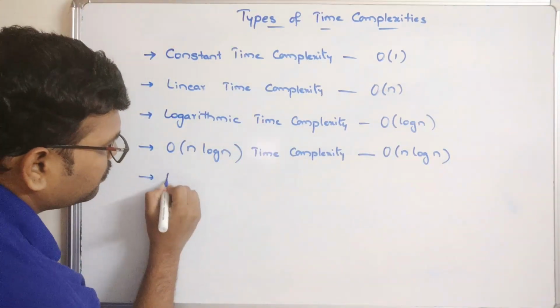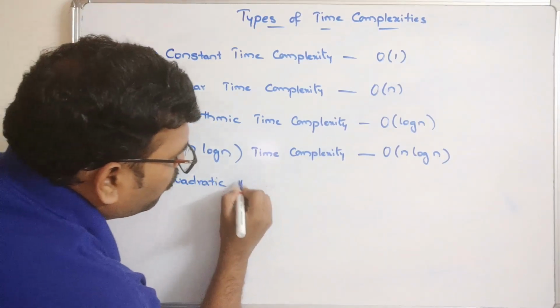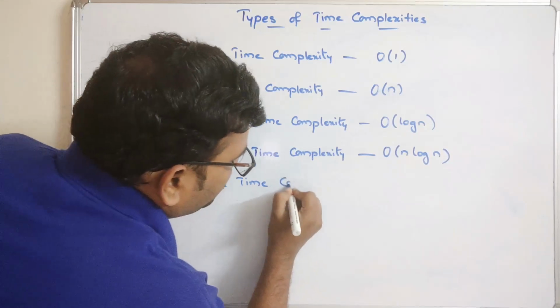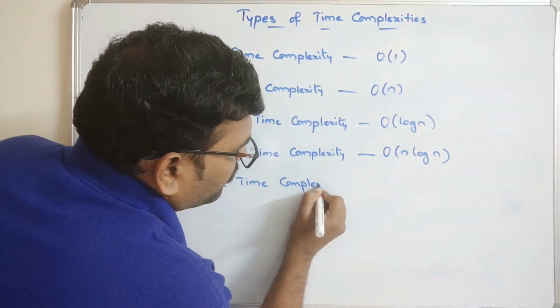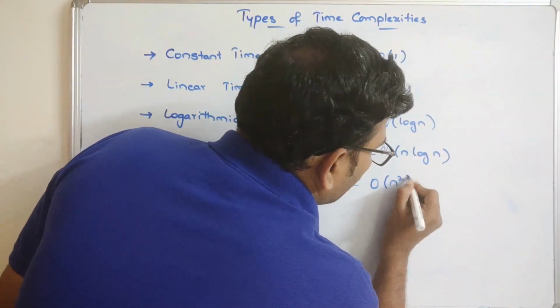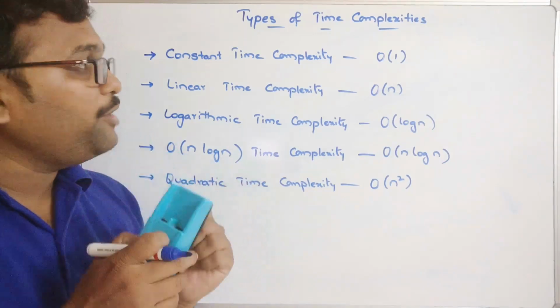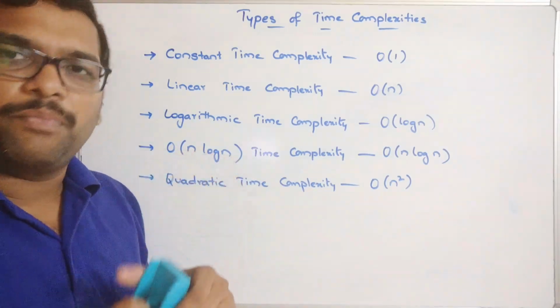And the next one is quadratic time complexity, which will be denoted as order of n square. So these are the 5 different types of time complexities.